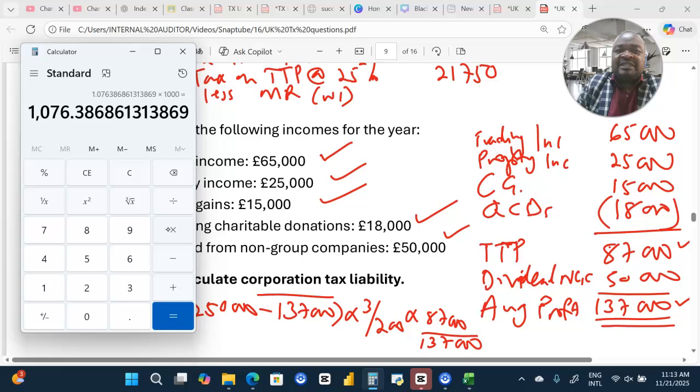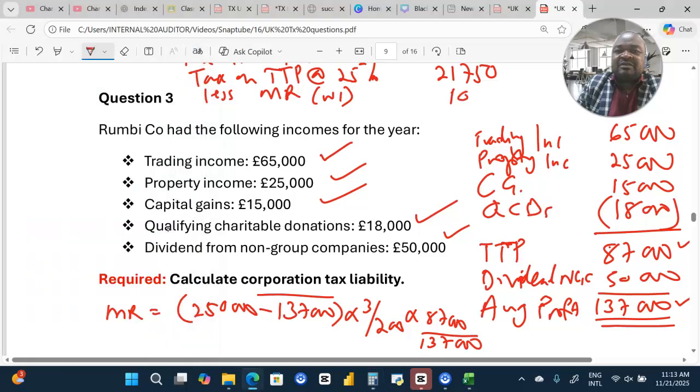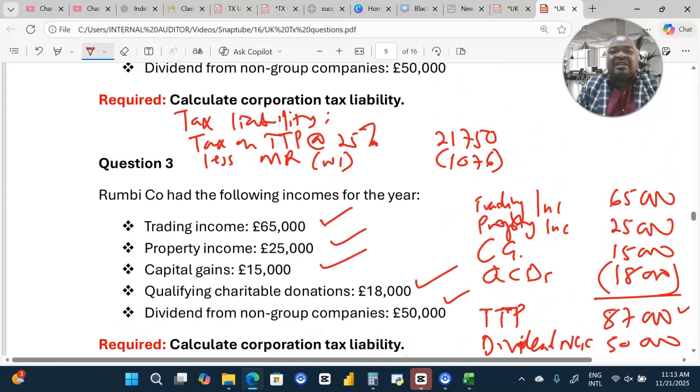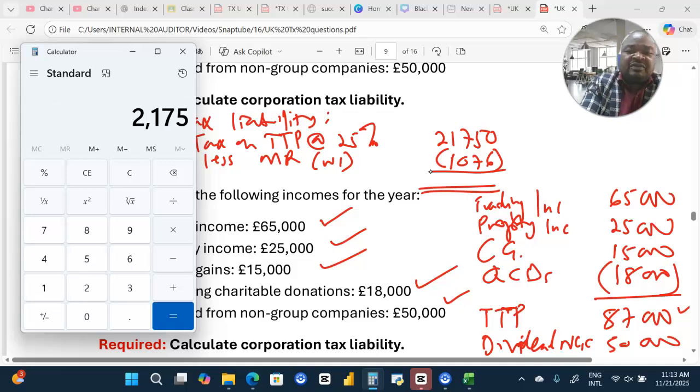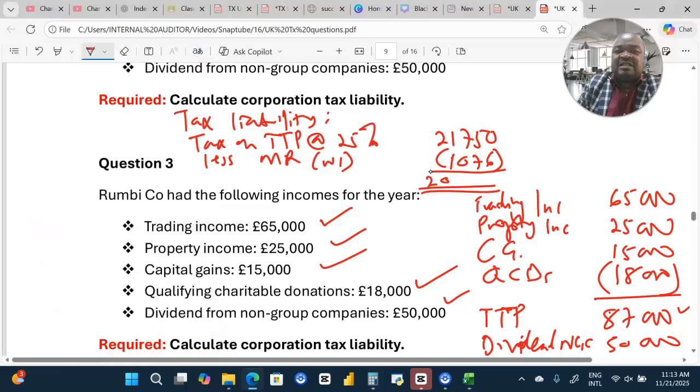So 1,076. We deduct that from the tax, which we computed using the 25%, to get the liability. That's 21,750 minus 1,076. You get 20,674.